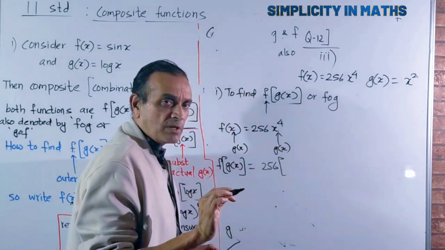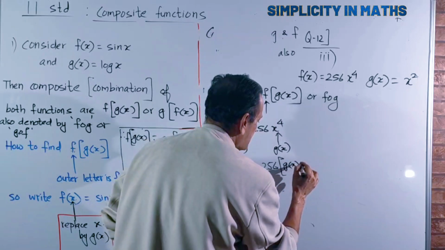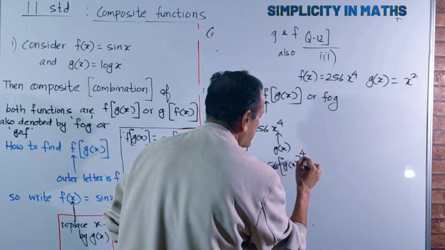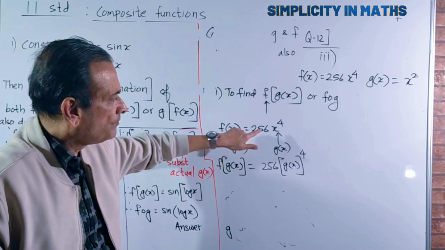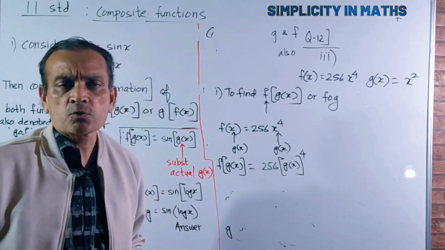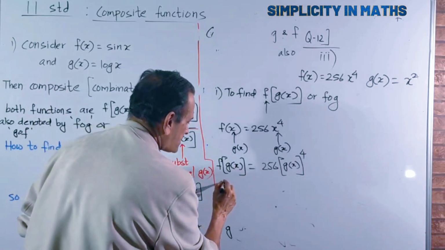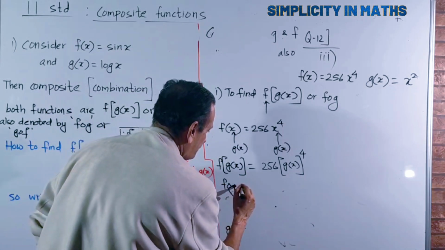So we संभाल के, it will be g of x raised to the power of 4. Don't forget g of x replace करने के बाद raised to the power of 4. So f of gx, short form fog.